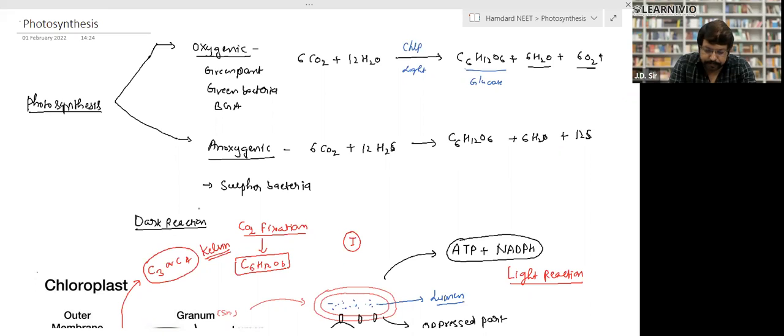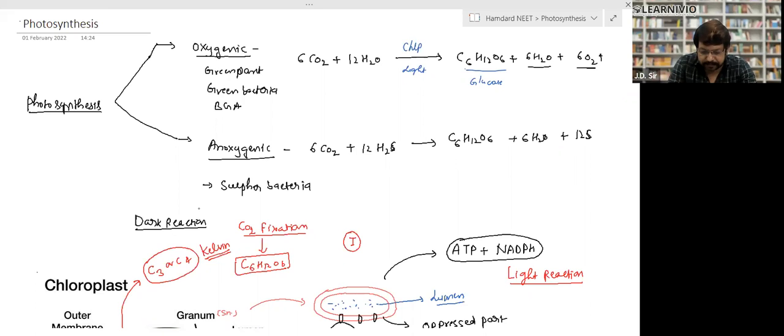Full stop. In this reaction, the hydrogen donor is not water.